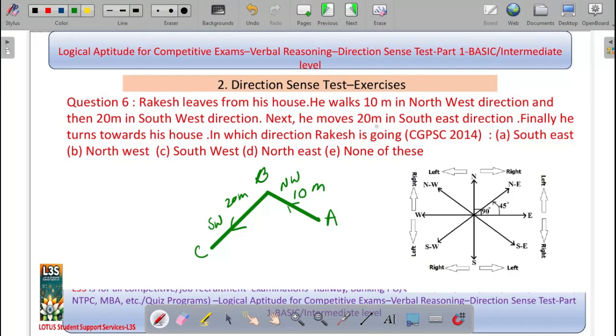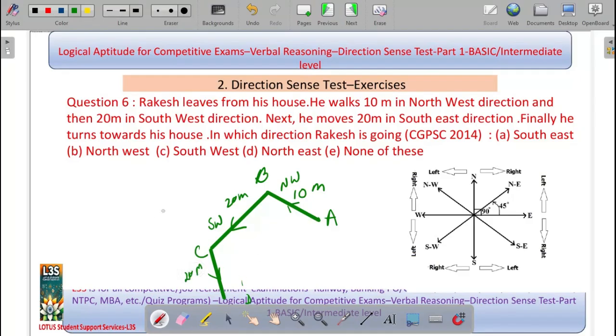Now he moves 20 meters in southeast direction, say this way. This is 20 meters.